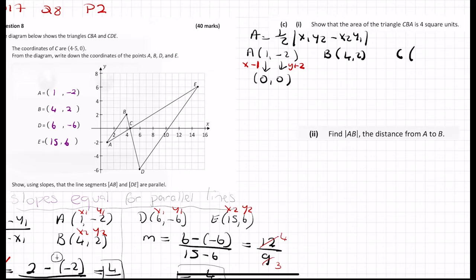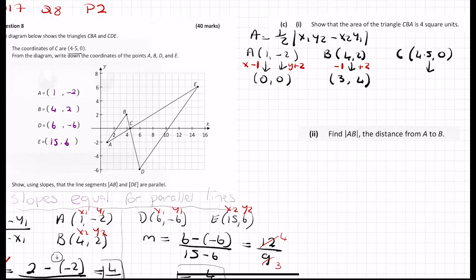C, it gave me C in the question, 4.5, comma 0. Okay, so what you do in this is you go minus 1 off the x, plus 2 off the y. So that you end up with 4 minus 1 to give me 3, and 2 and 2 is 4.